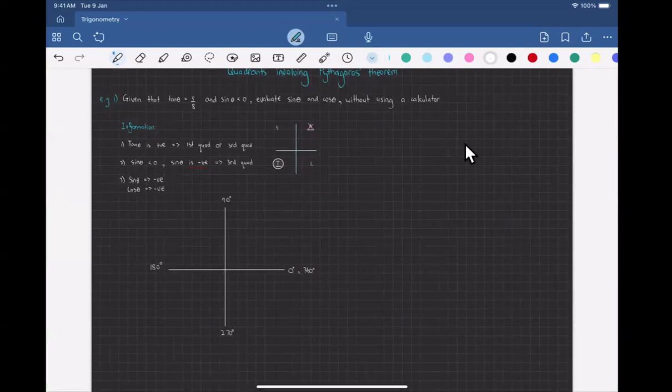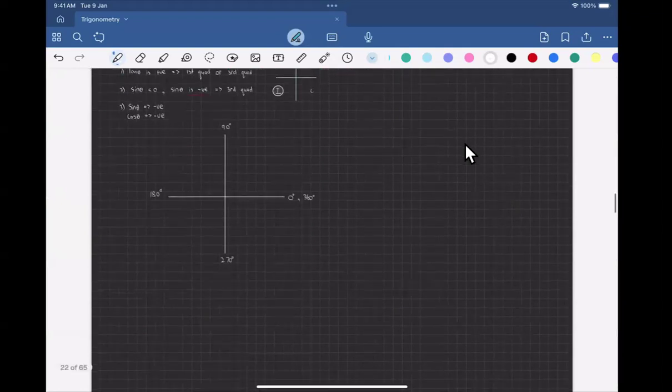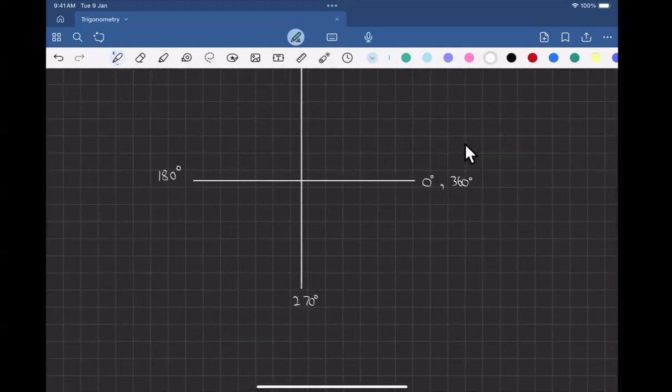Okay, so they're saying that tan theta is 5/8. First things first, I'm going to put on a right angle triangle, and look how I'm putting it down. When you're drawing angles, it always starts from the origin and it goes to this line. So if I wanted to draw a right angle triangle in here, it would look like that.